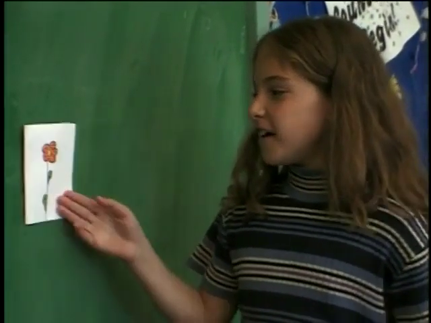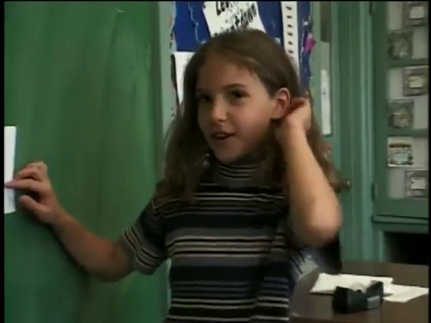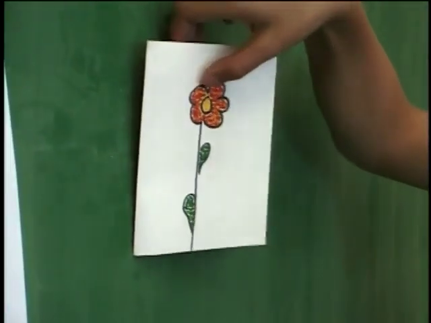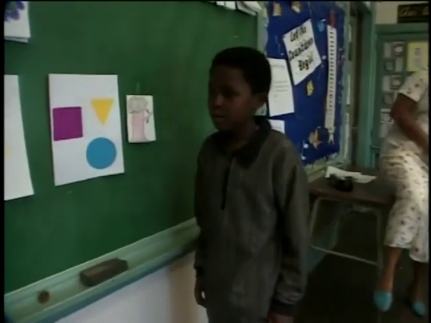I made a flower, and overlapped most of the dots, and I used yellow and cyan for the leaves, and magenta and yellow for the petals, and I used yellow for the pollen.